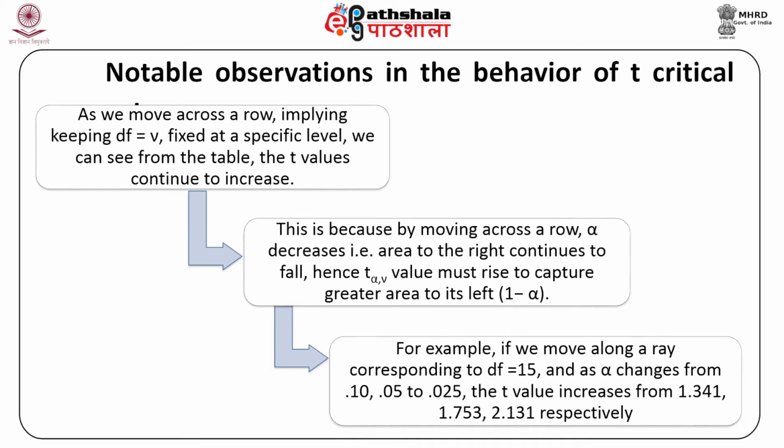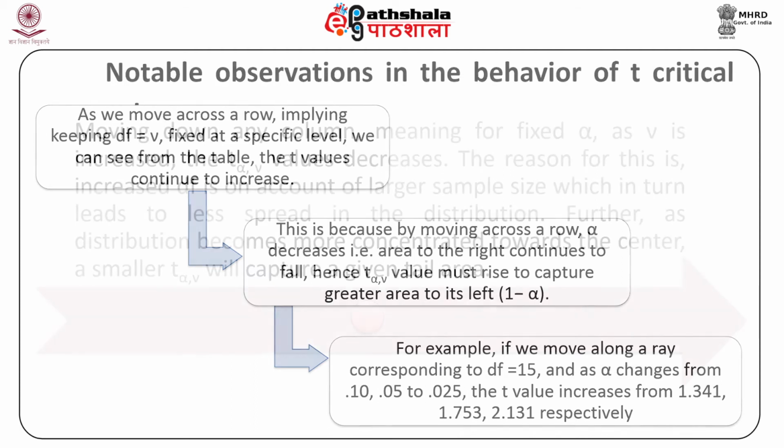For example, if we move along the row corresponding to degrees of freedom equal to 15, and as alpha changes from 0.10 to 0.05 to 0.025, the t value increases from 1.341 to 1.753 to 2.131 respectively.